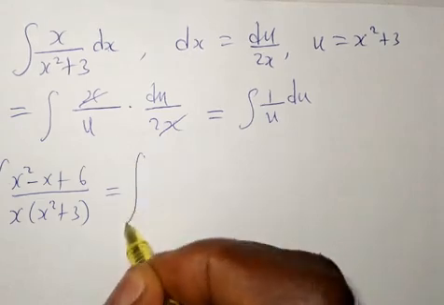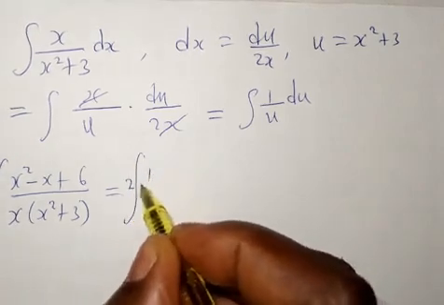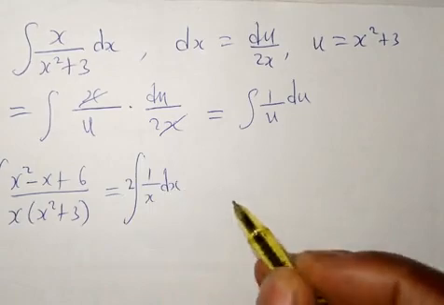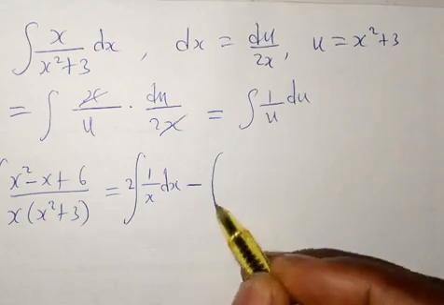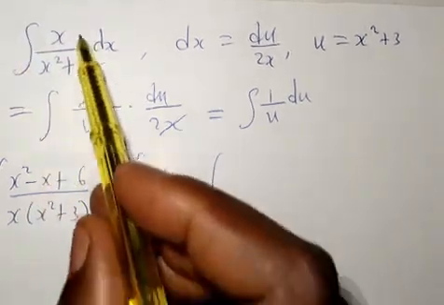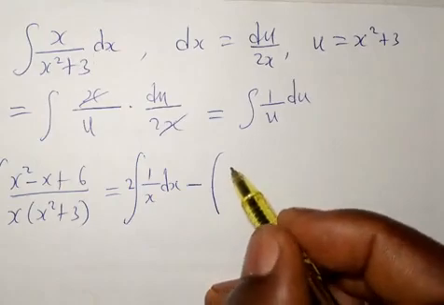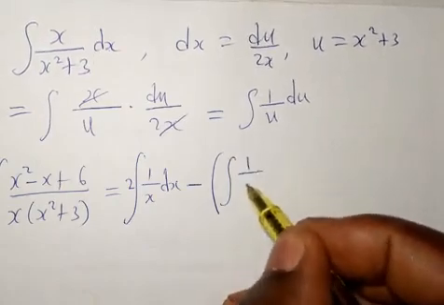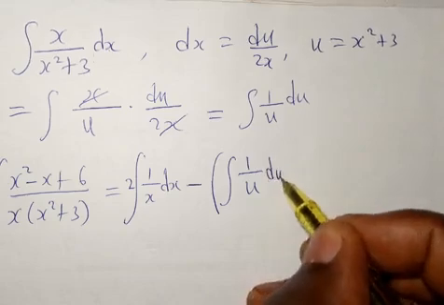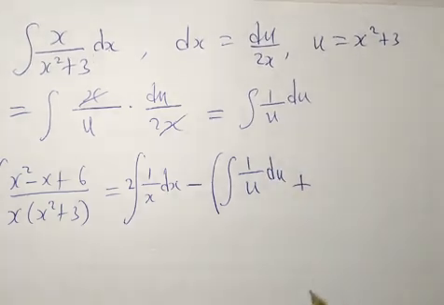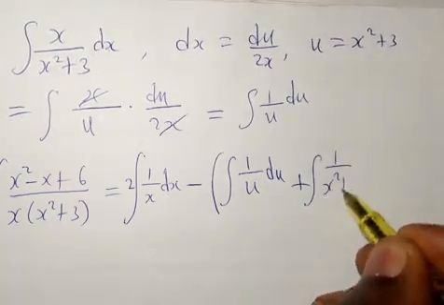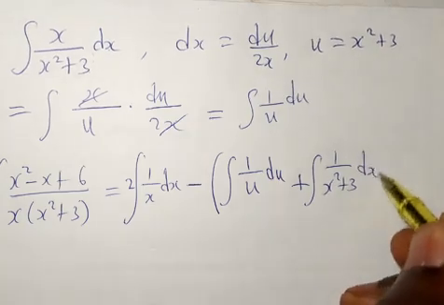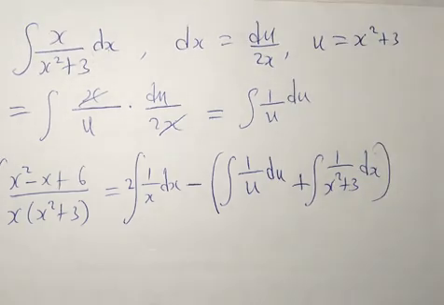This is equal to integral of 2 times 1 all over x dx. Then we have minus open bracket. We have resolved this one here, which we can now replace to be integral of 1 all over u du. Then plus the last one, integral of 1 all over x square plus 3 dx, then we close this bracket.